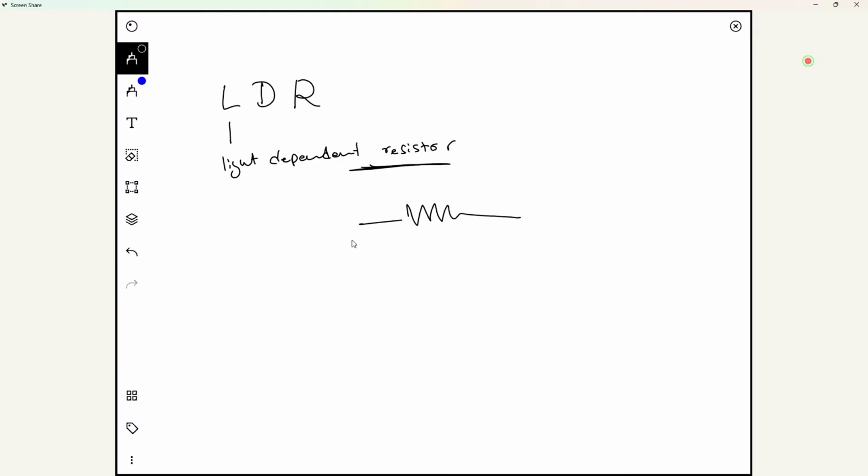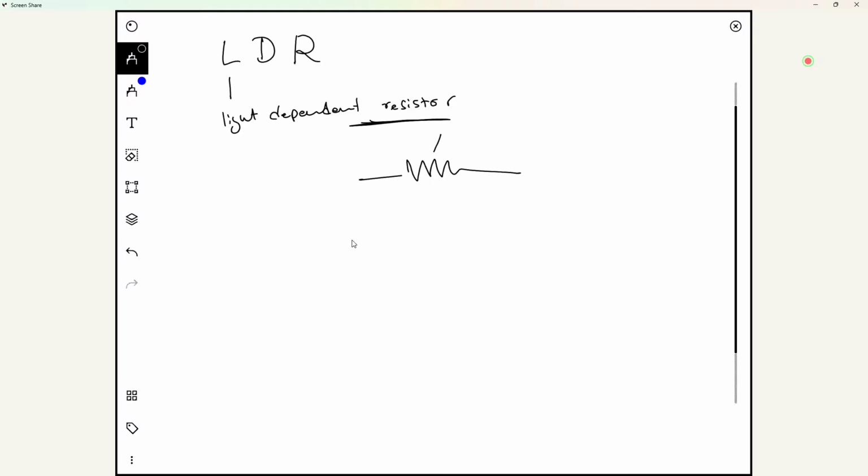Usually it's denoted by two arrows coming this way, or the standard symbol looks like this. This is the symbol for the LDR. There's one variable called light that affects the resistance.